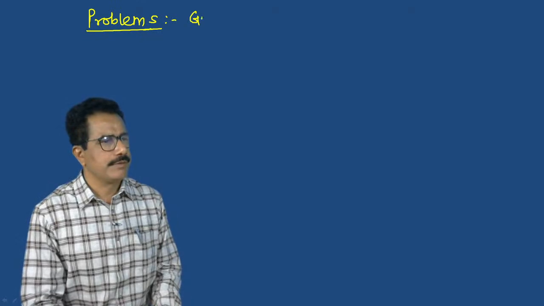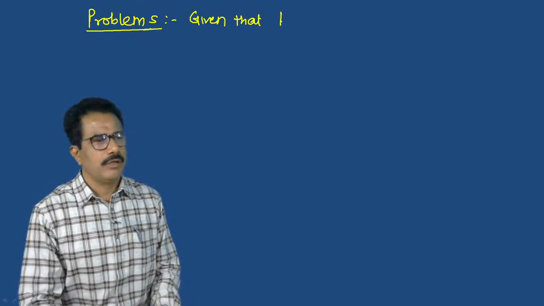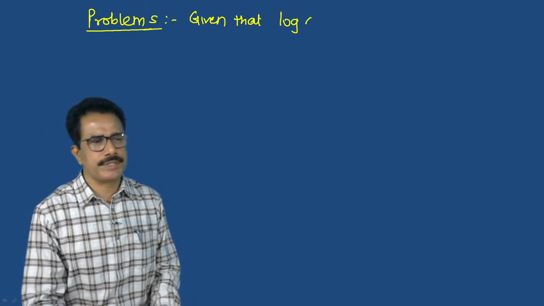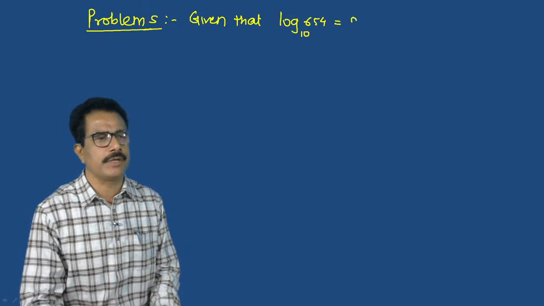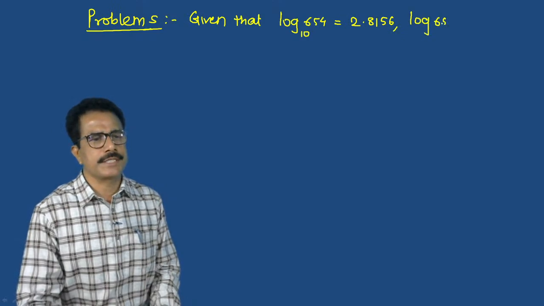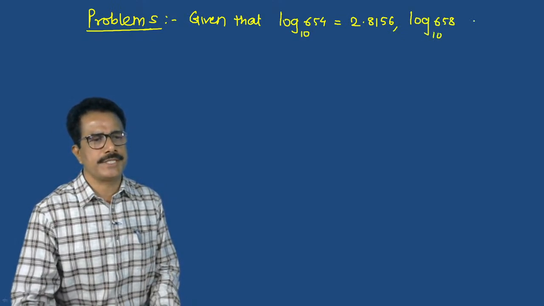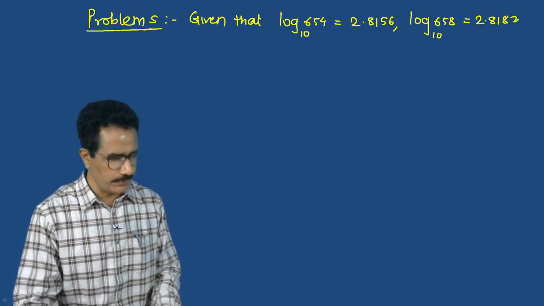Given that log of 654 to the base 10 is equal to 2.8156, log of 658 to the base 10 is equal to 2.8182.